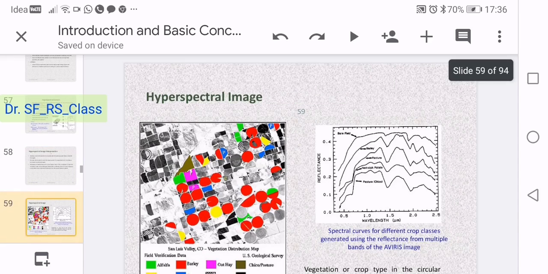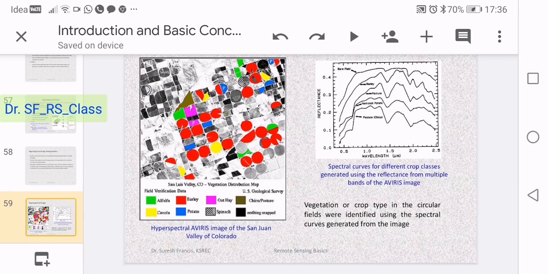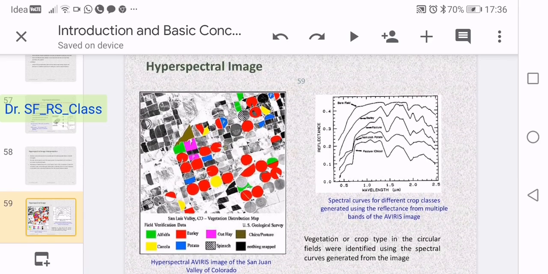You can see an example from agriculture here, where we will be able to identify different agricultural crops based on curve matching. Each crop will have a different spectral reflectance curve, as shown in the right side image, and you can match it with the spectral library and identify the type of vegetation at a particular location.